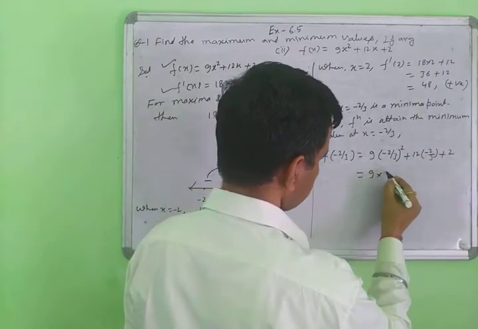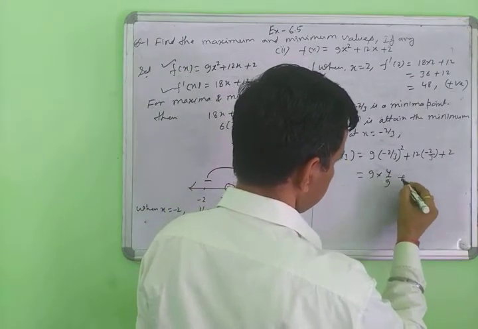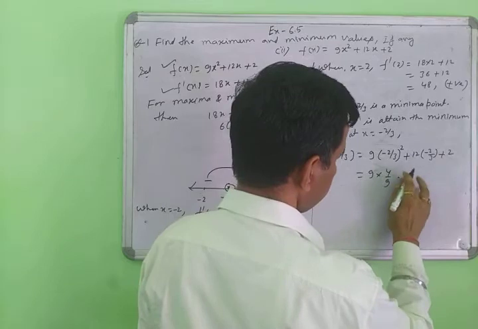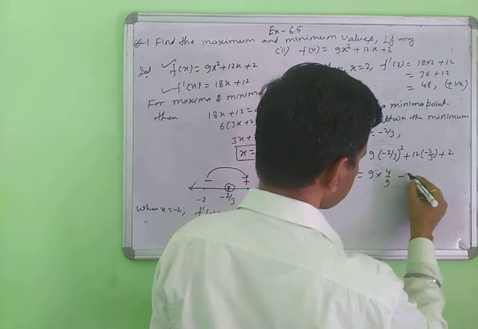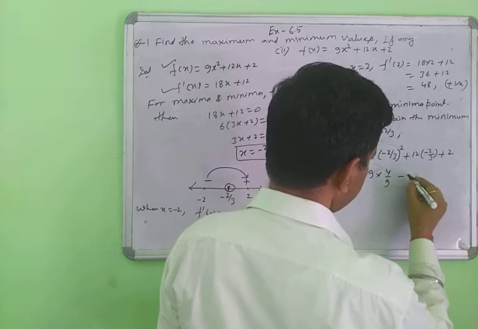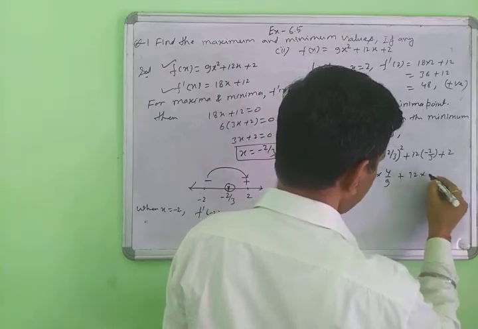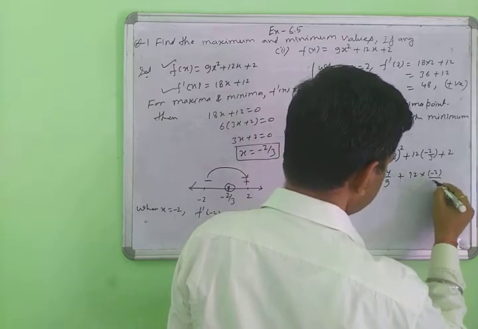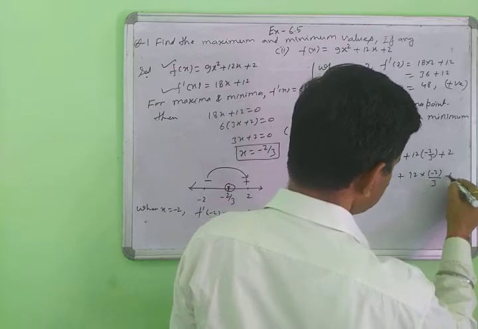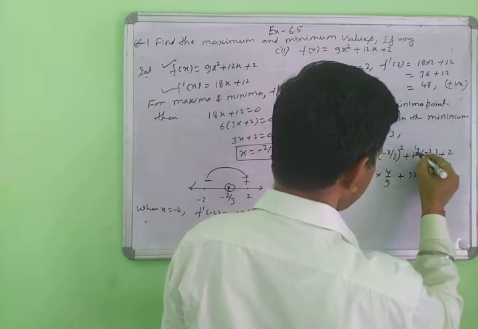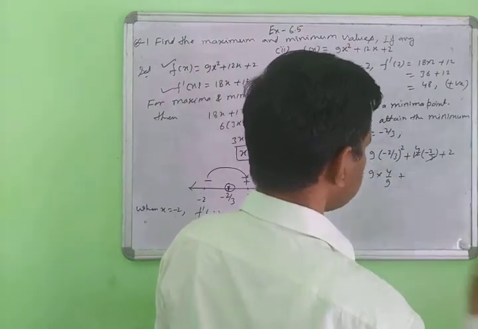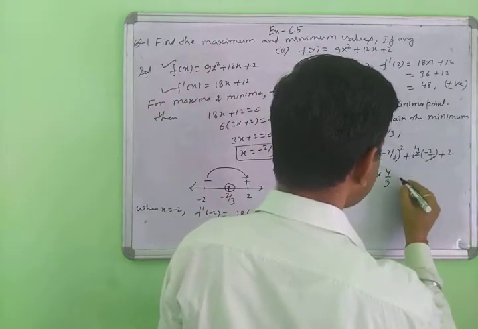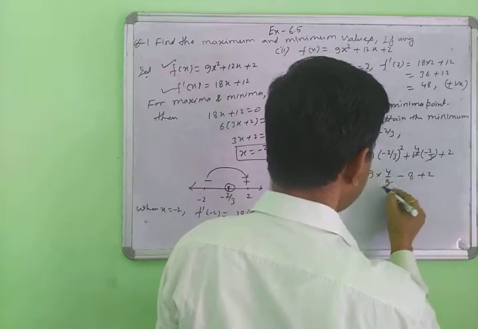9 into 4/9, square of the negative sign is plus, and 12 into -2/3 plus 2. Here 3 fours are 12, so the result becomes -8 plus 2. 9 and 9 cancel.